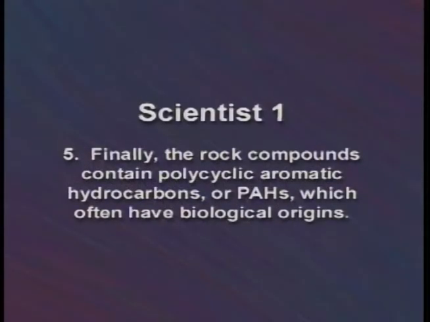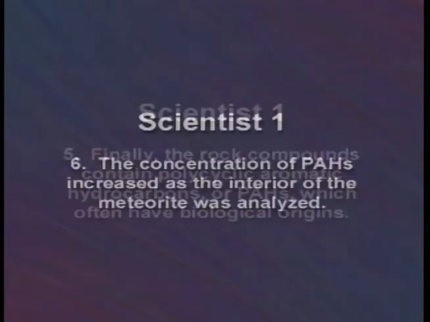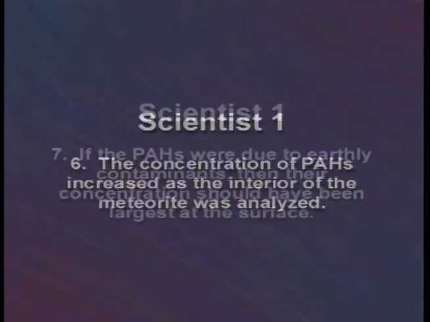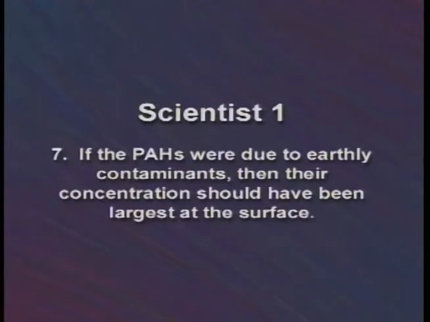Finally, the rock compounds contain polycyclic aromatic hydrocarbons, or PAHs, which often have biological origins. The concentration of PAHs increased as the interior of the meteorite was analyzed. If the PAHs were due to earthly contaminants, then their concentration should have been largest at the surface.